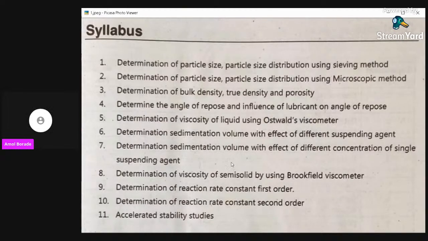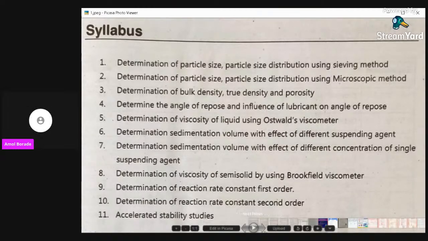The practical name is determine the angle of repose and influence of lubricant on angle of repose.